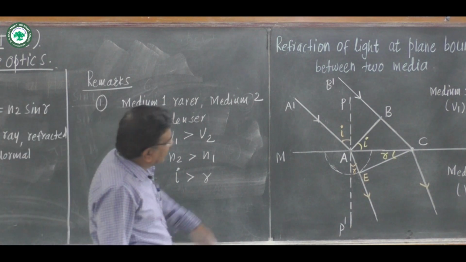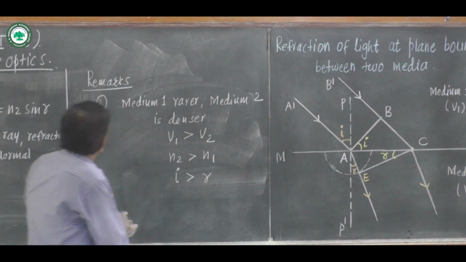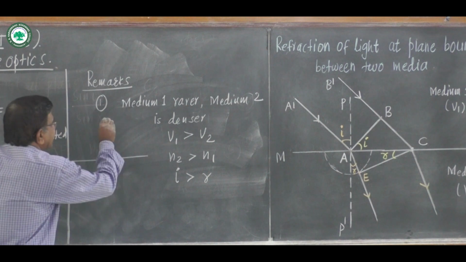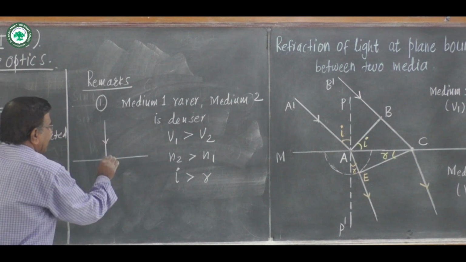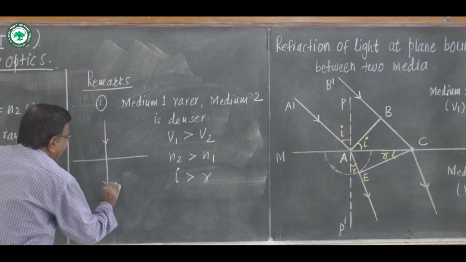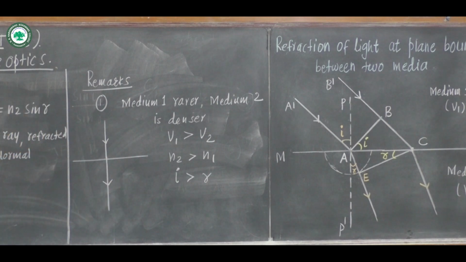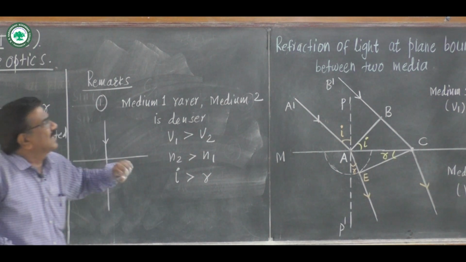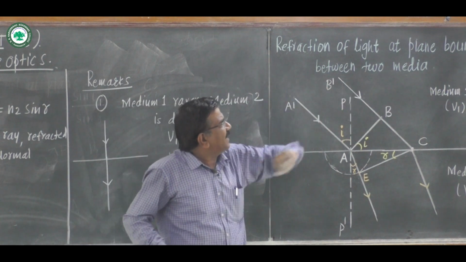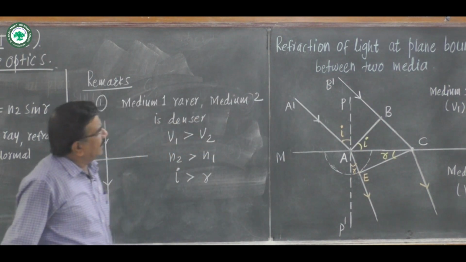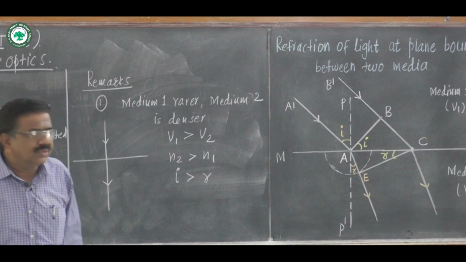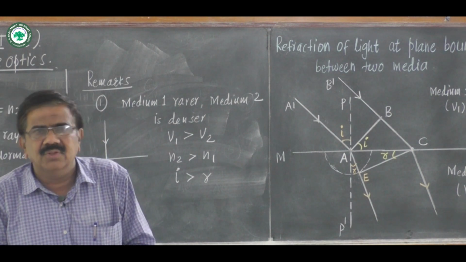For normal incidence, if the ray is incident normally, there is no breaking of the image and it travels without any change in its path. So these are some remarks about the refraction of light at a plane boundary between two media. Okay, thank you.